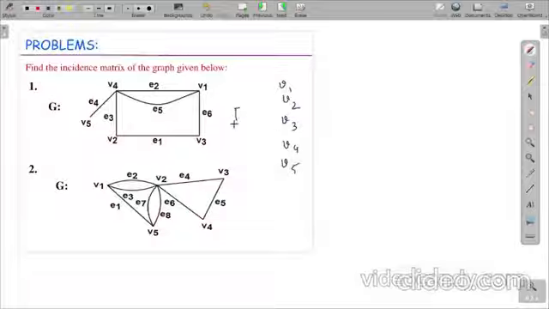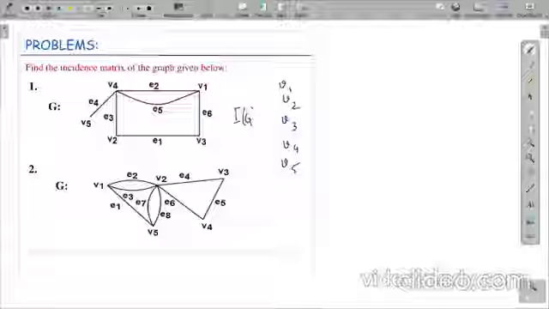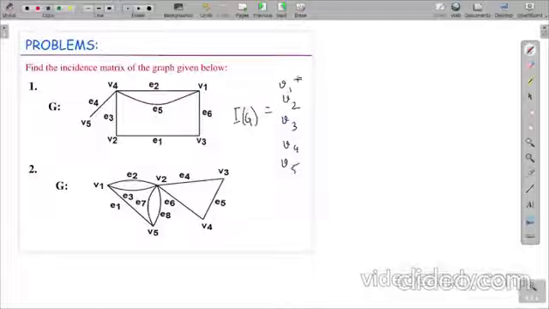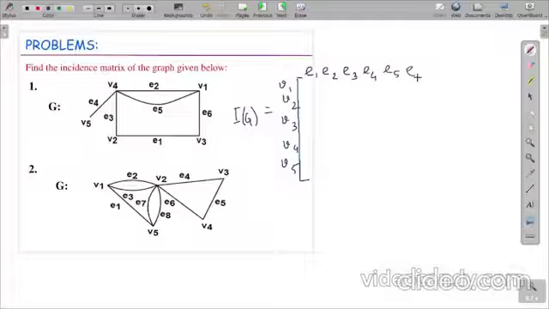This is I of G. This is E1, this is E2, E3, E4, E5, E6.